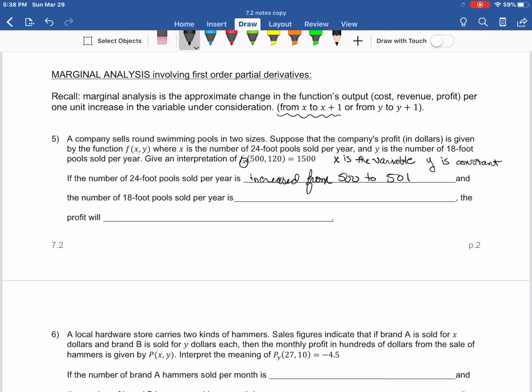So the number of 18-foot pools sold per year is held constant at, how many is that? 120. The profit will, what's it going to do? Well, it's going to increase because your output is positive. Increase by $1,500 for that year.